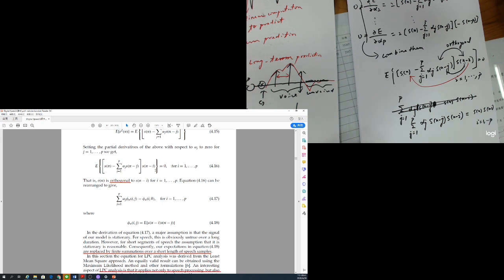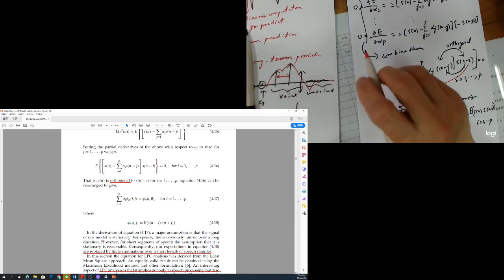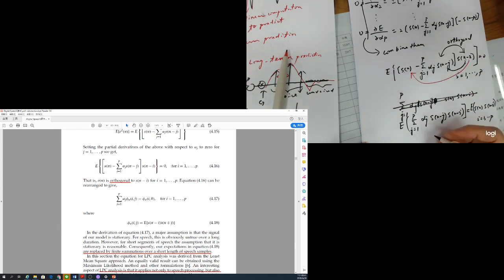If we define another symbol here, the signal correlation, we can summarize the equation like this one, for i equal to 1 to p.